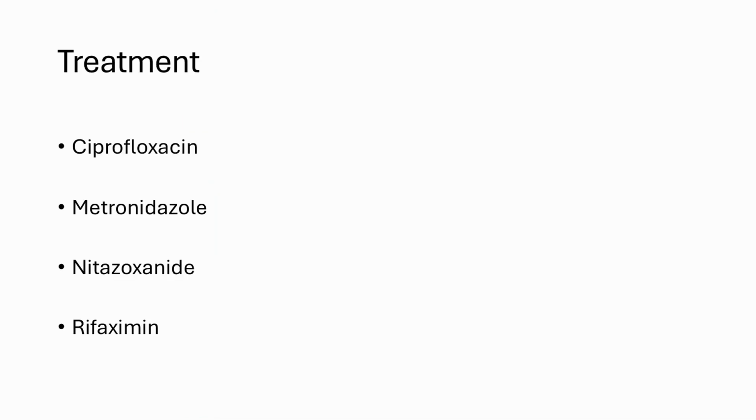Now, how will you treat diarrhea? See, for treatment, as we have discussed in the previous slide, if it is mild, there is no need for treatment, you just observe. If it is moderate, you can give anti-motility drugs and anti-secretory drugs.